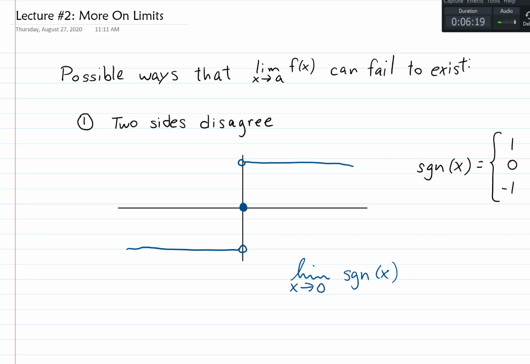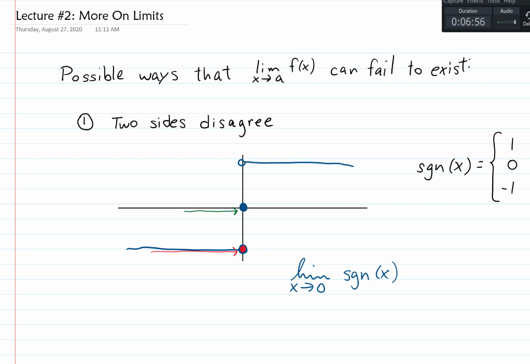What about that? Look at what happens. As x is approaching 0 from the left, the function is approaching what value? That value right there. That's not a point on the graph. That's why I didn't fill it in with blue. But it is the value that the graph is approaching, right?